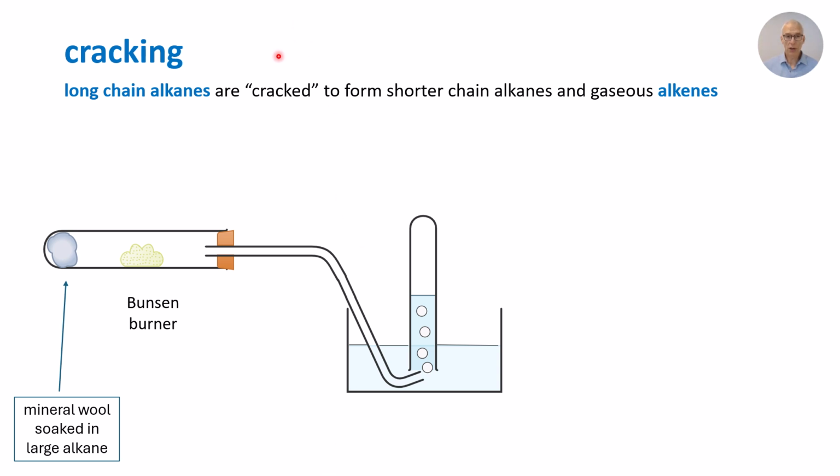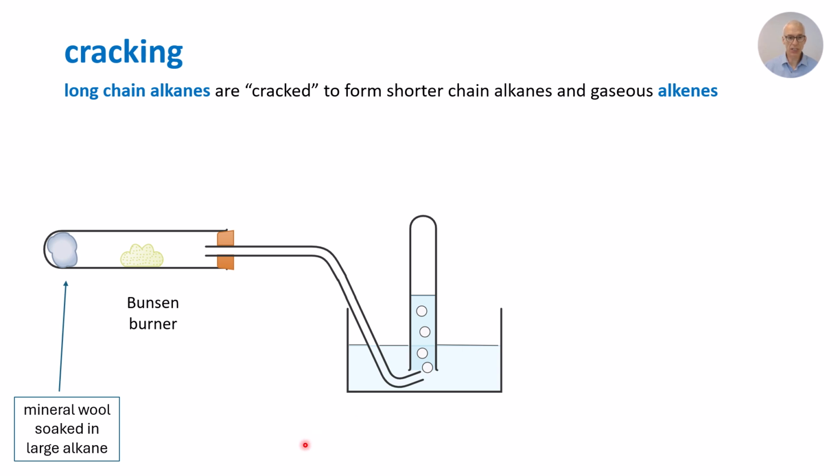A further organic experiment that appears in recent paper 6 is cracking. That is the changing of long chain alkanes into shorter chain alkanes and gaseous alkenes. So we say that the long chain is cracked, broken into parts to give us shorter chain alkanes and gaseous alkenes.